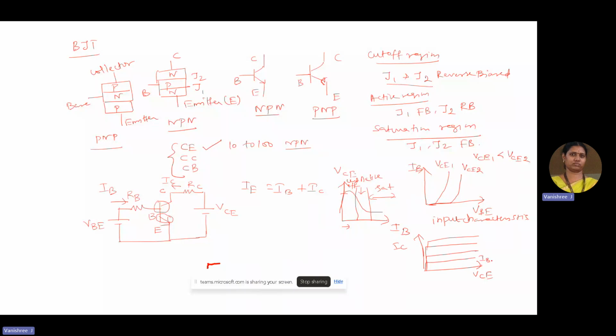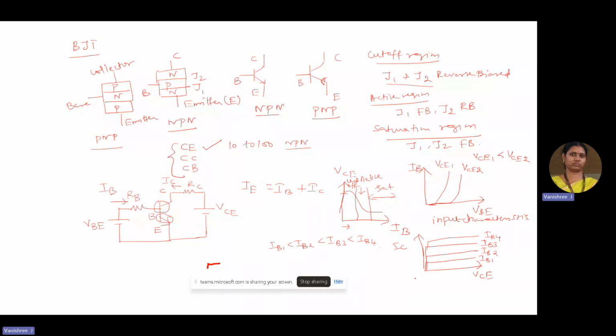So it starts from IB1, IB2, IB3, and IB4, where IB1 is lesser than IB2, which is lesser than IB3, which is lesser than IB4.